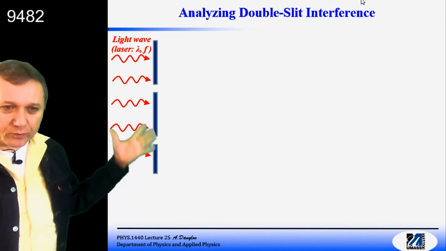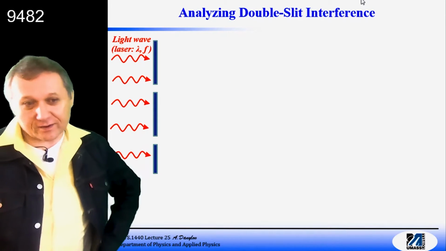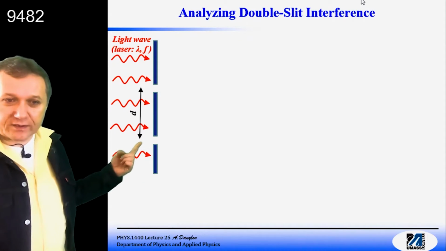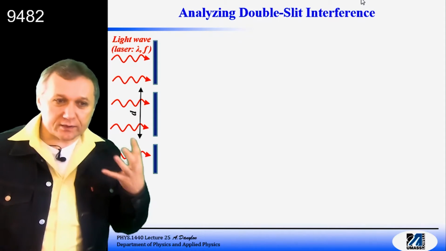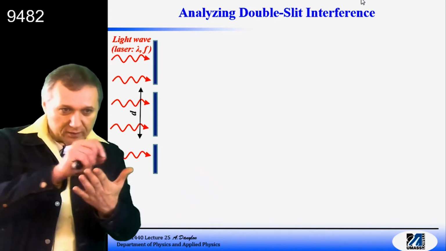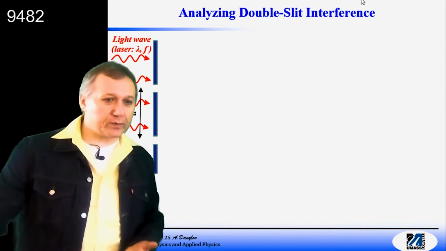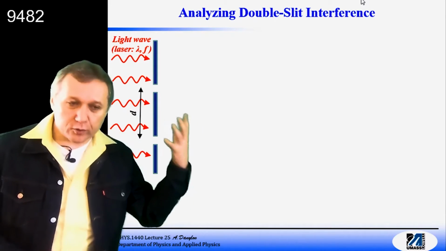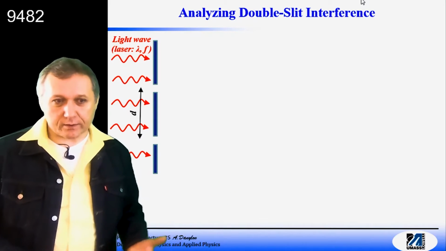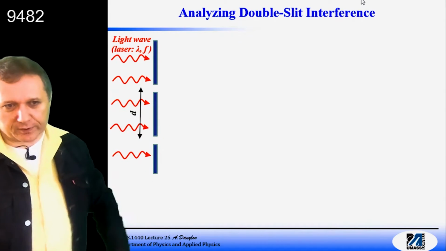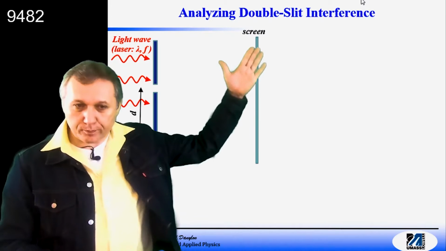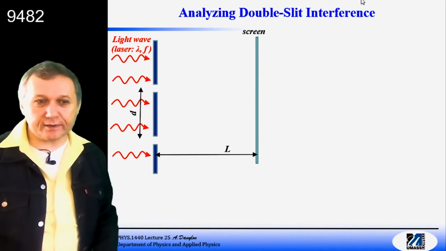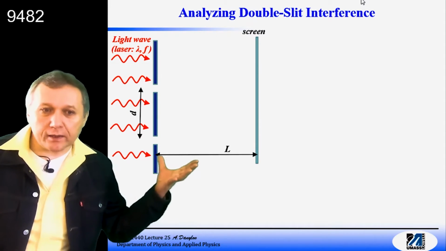Okay, so let's assume that we illuminated this structure with the laser light. And let's assume that the distance between the slits is d. Usually it's given. If you purchase a double slit, usually it's written, so d is 0.4 millimeters or 0.5 millimeters. In the demonstrations which I usually use when we have normal semesters, d is usually 0.4 millimeters. Then of course we need to place a screen where we want to see all that, and let's assume that the distance to the screen is L. And L usually is large.